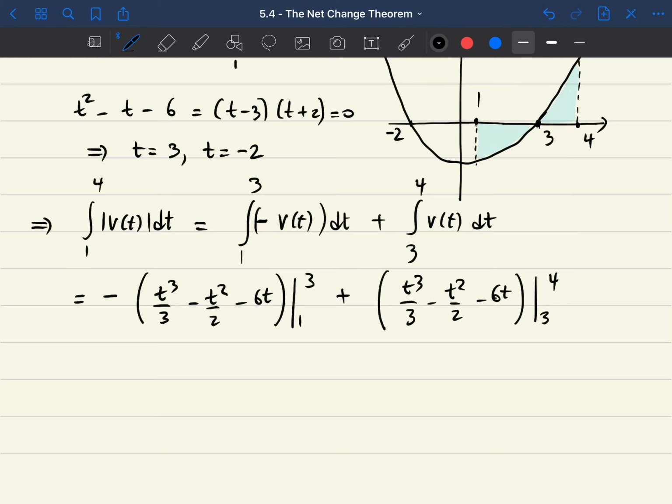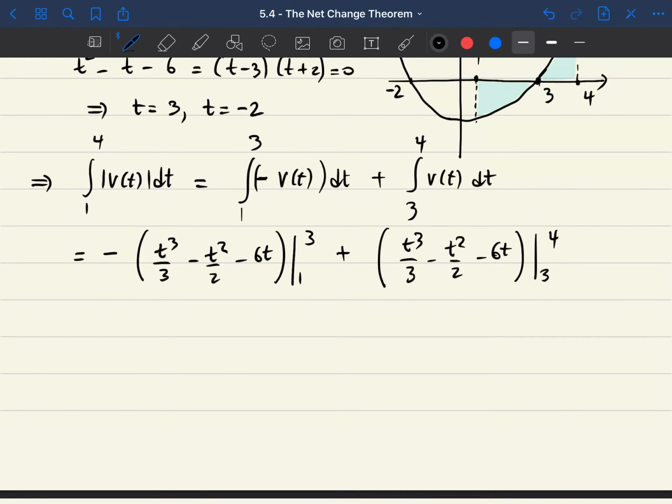And if you do this calculation, you'll find 61 over 6, which is approximately 10.17 meters. So this has to be positive. If by any chance you find a negative number here, then it's definitely wrong. All right, let's move on.